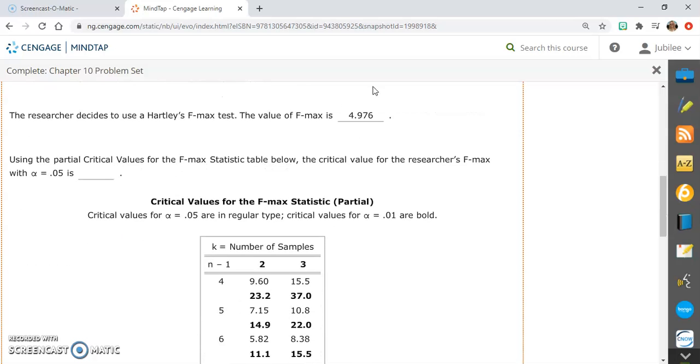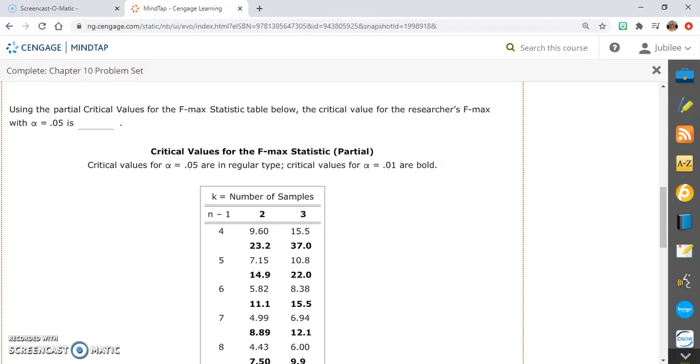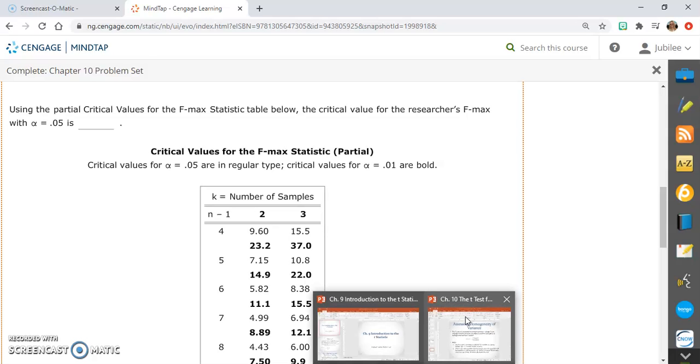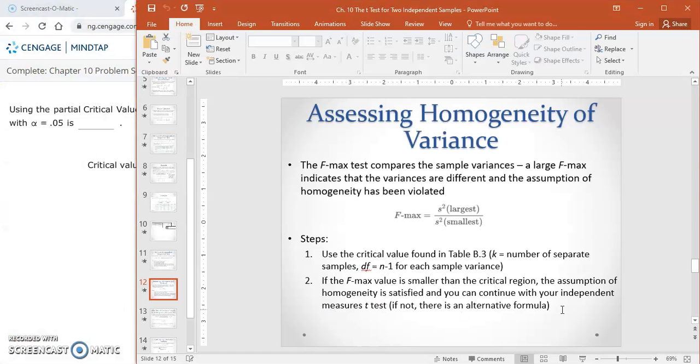So now that I have my F max value, I have to figure out if it is in the critical region. So I'm going to use this table below. If you forget how to use it, remember that the instructions are in the PowerPoint. So K is the number of separate samples I have, and the degrees of freedom is my n-1 for each sample.